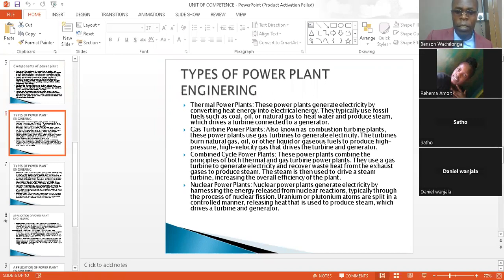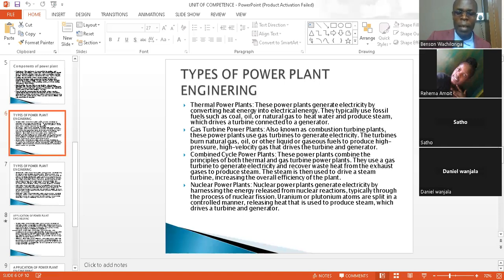They typically use fossil fuel, oil, and natural gas to heat water and produce steam. Then we have the gas turbine plant. This power plant uses gas turbines to generate electricity, so here we use gas to generate electricity.